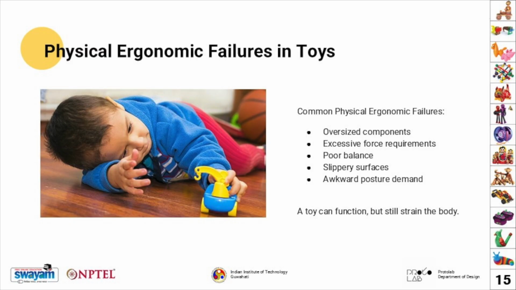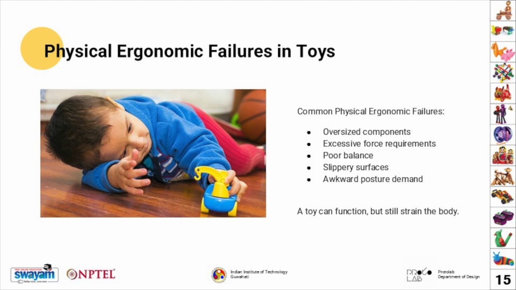Many toys technically function but are physically uncomfortable. Oversized components strain finger extension. Buttons requiring excessive force strain wrist flexors. Unbalanced toys require constant correction. Slippery materials increase grip effort.